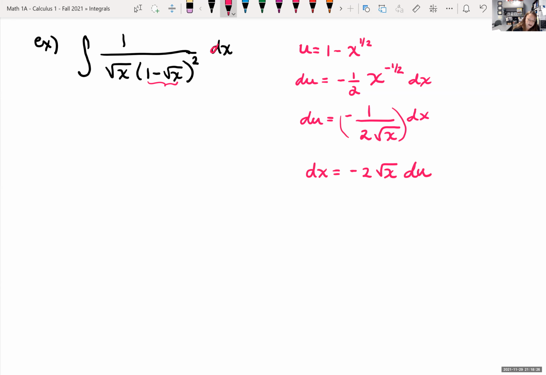So we want to go in and rewrite what we had chosen u to be. So we have the integral of 1 over the square root of x, all times u squared, times dx, but dx is negative 2 square roots of x du.